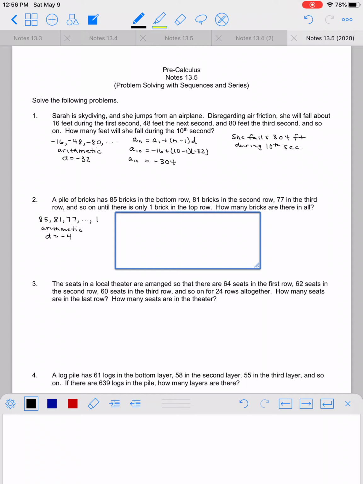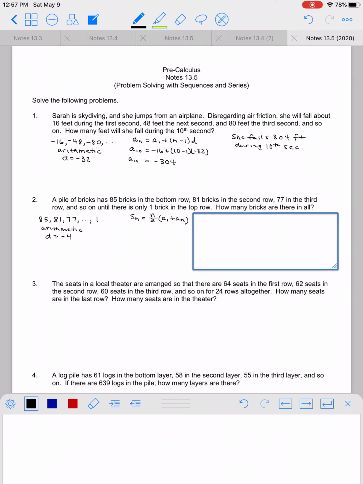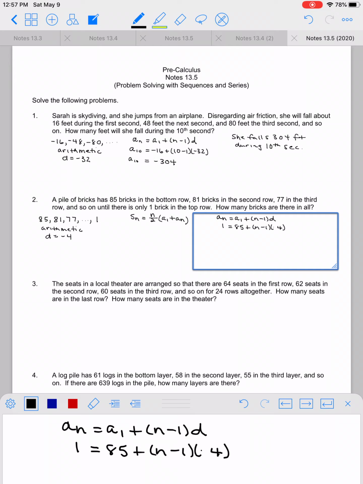So first of all, let's set that up. I want to know the sum, so I need n over 2, first term plus last term. The first term is 85, the last term is 1. I need to know how many rows there are, so now I go back to this formula and plug in what I know. The last term is 1, the first term is 85, I'm looking for how many there are, and the common difference is negative 4.